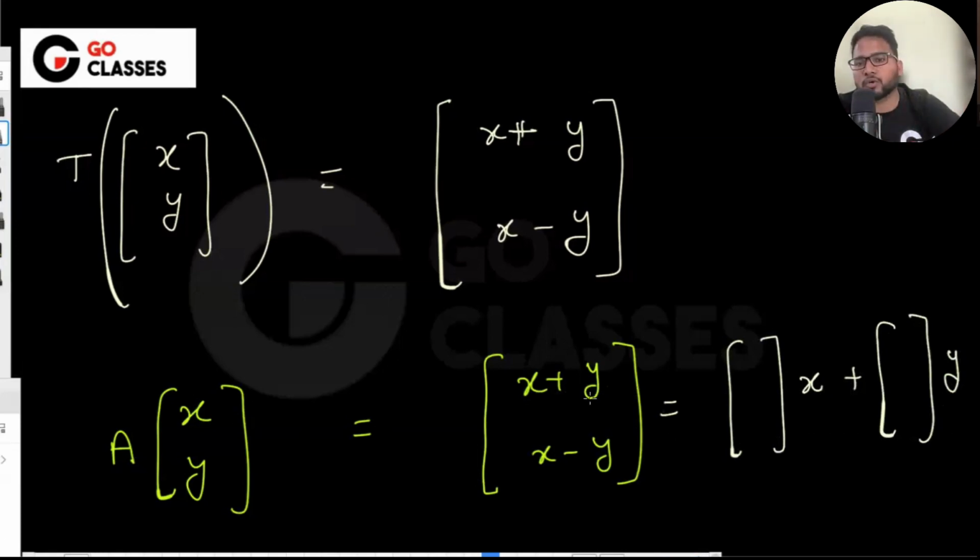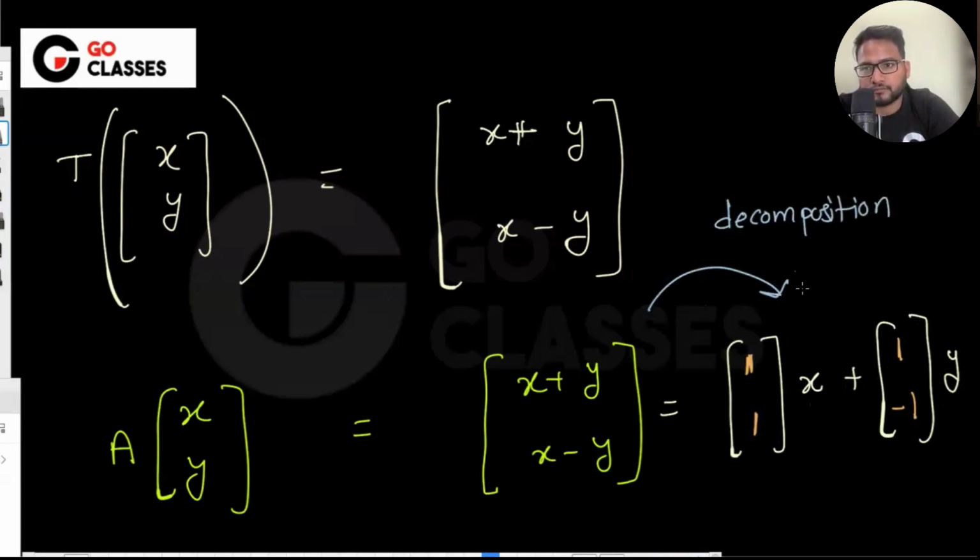If you put x equal to 1 and y equal to 0, I think (1, 1), and x equal to 0 and y equal to 1, (1, minus 1), right? Can you do this decomposition? Is this okay from here to here? Let me know anyone who finds difficulty in decomposition.